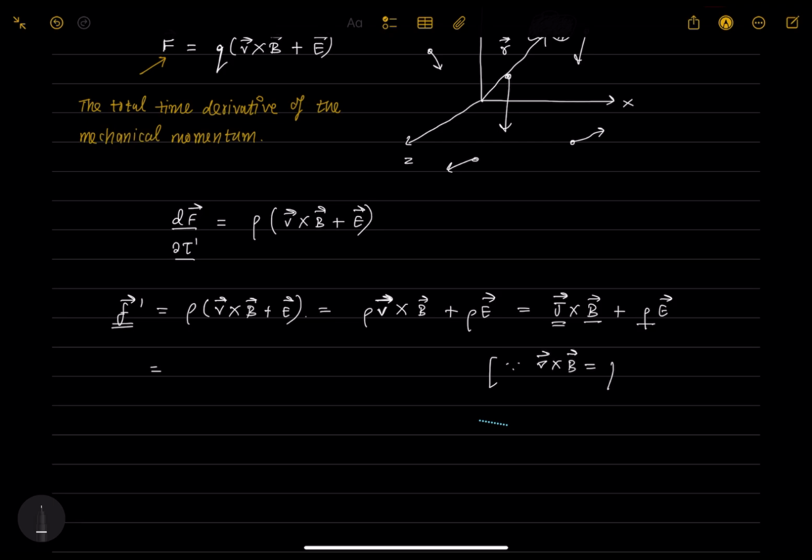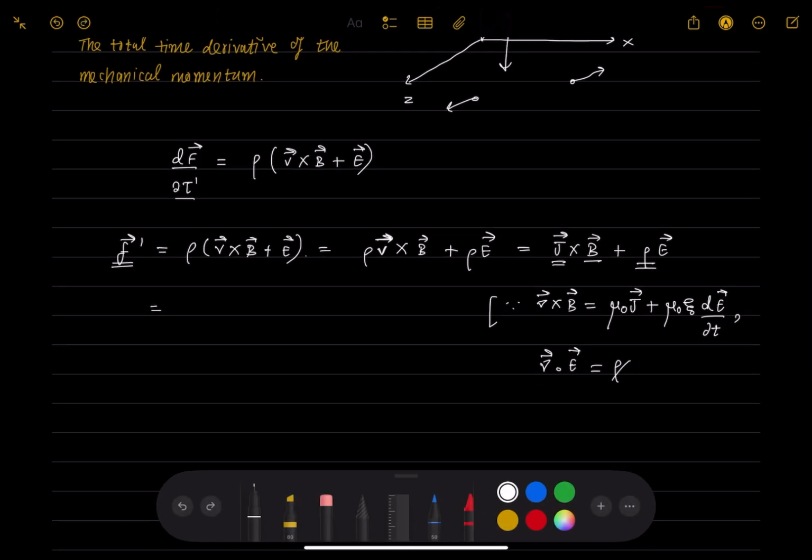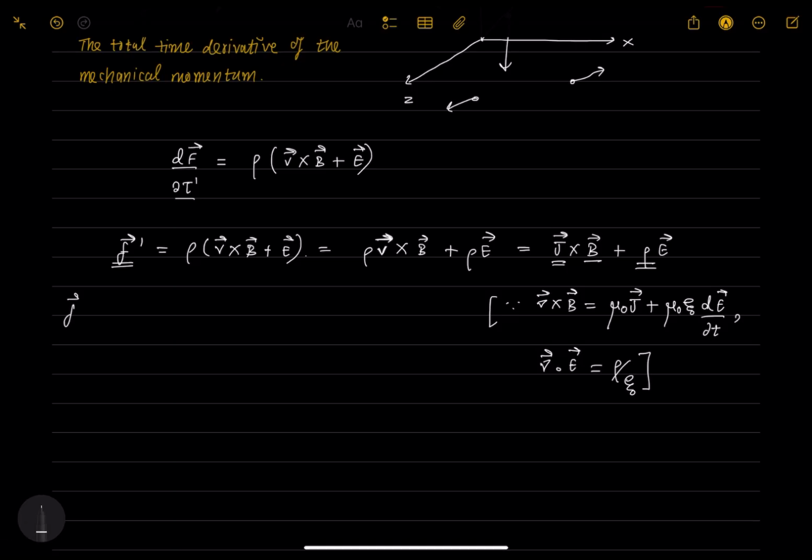The curl of the B field is mu naught times J plus mu naught epsilon naught times the time derivative of the electric field. And the second one is going to be for the local charge density, wherein we know that the divergence of the E field is rho over epsilon naught.